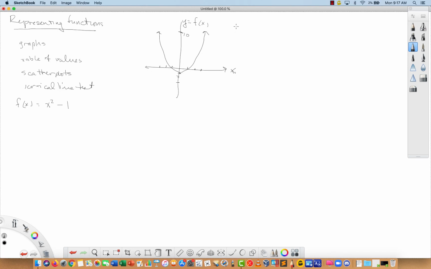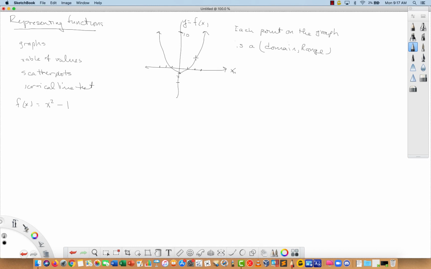What we need to realize is that each point on the graph is a domain, range point.